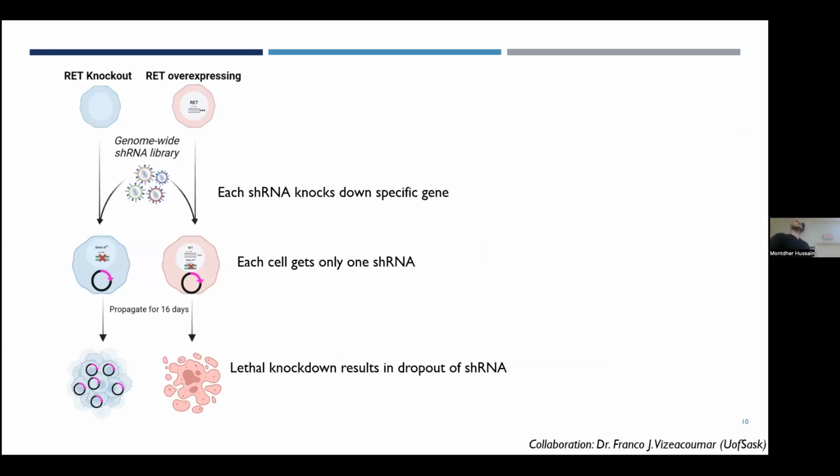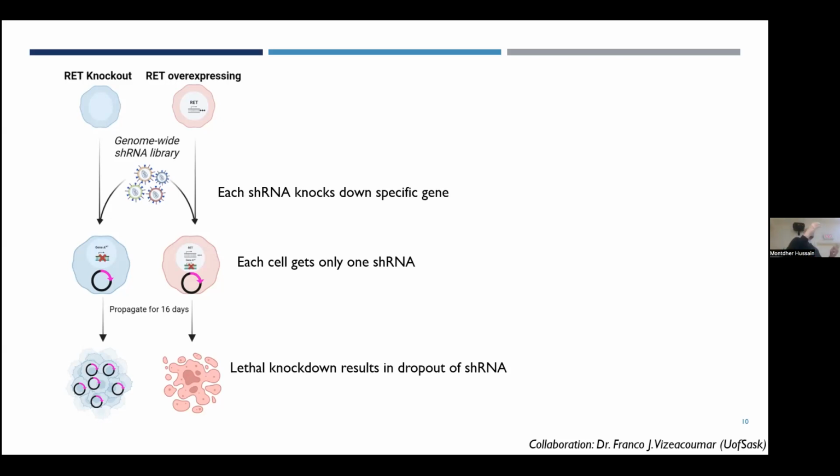I'll walk you through an example here with this purple shRNA. If that gene knockdown was non-lethal to the cells, those cells will stay alive and propagate over time, and at the end of the screen we'll be able to detect that shRNA. However, if that gene knockdown was lethal to the cells, then those cells will die and you'll lose that shRNA signature from the pool of cells by the end.